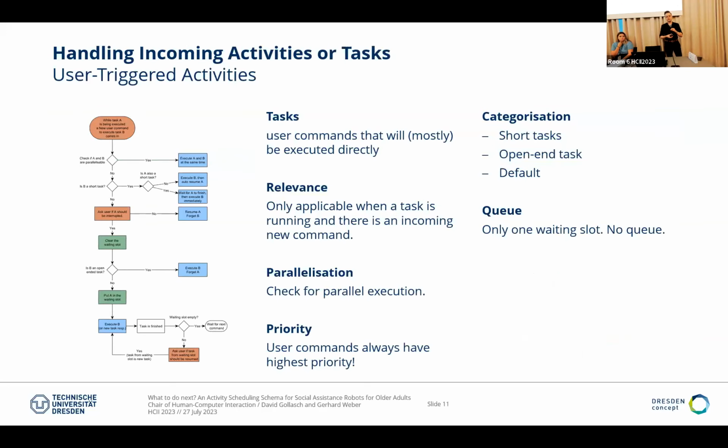I'll not go through the full flowchart process here because there's not enough time for that. But what I want to highlight is that for user commands, our requirements analysis said that we have to always prioritize user triggered commands before system triggered commands. So every time the user says something, the robot should react.